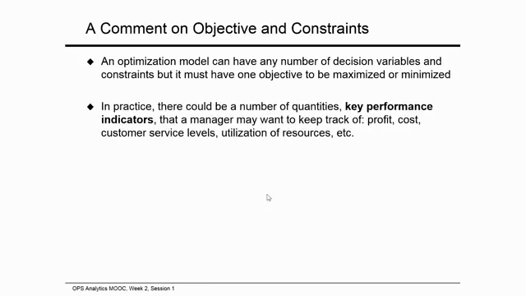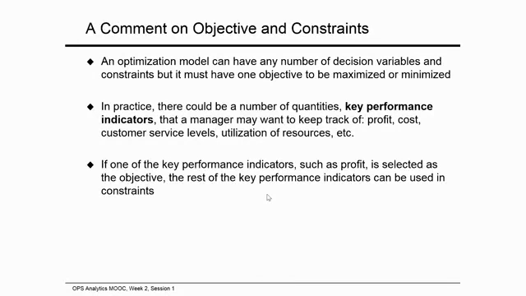But what if a company is interested in a number of so-called key performance indicators, such as profit, costs, customer service levels, etc.? Well, in general, it is impossible to optimize all of the key performance indicators at the same time.